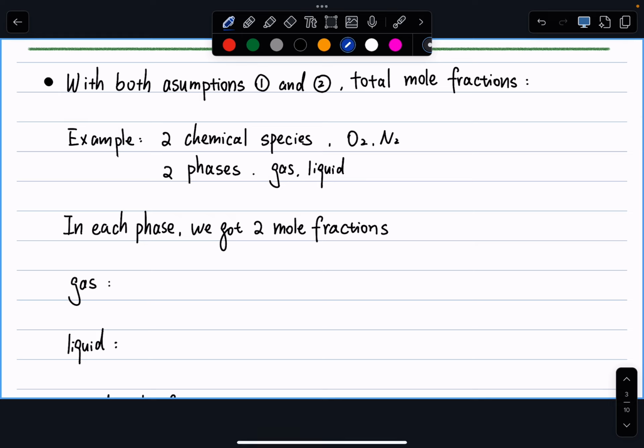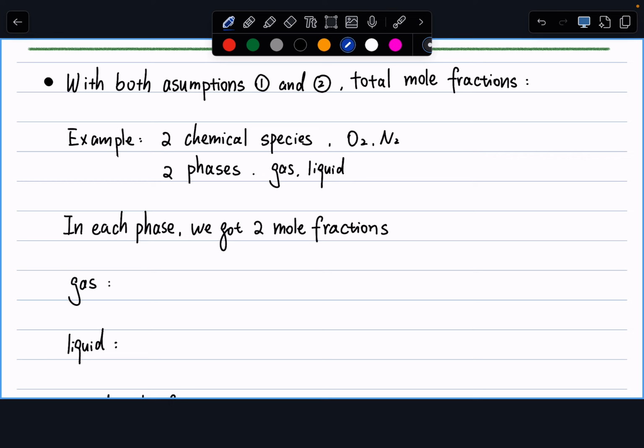So with both of them true, well, we're looking at a system. Let's say this system, we have 2 chemical species, oxygen, nitrogen, and 2 different phases, gas and liquid. So how many intensive properties are there?